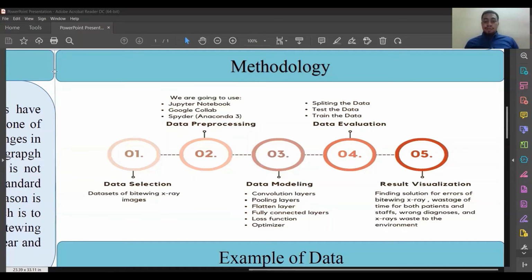After that, we will do the data modeling, which is to implement the CNN algorithm. For this we will use convolution layers, pooling layers, the flattened layer, fully connected layers, loss functions, and finally the optimizer.